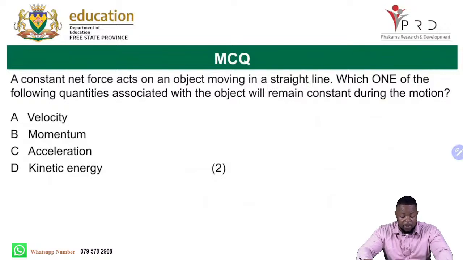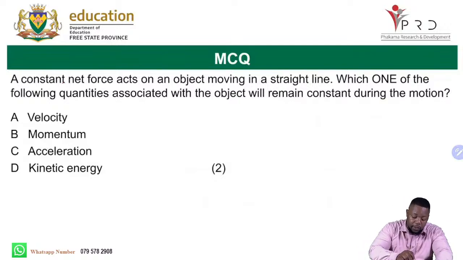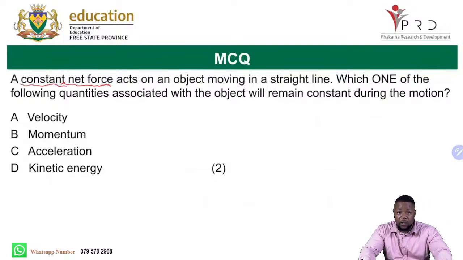A constant net force acts on an object moving in a straight line. So we see here that we are looking at the constant net force. There is a net force that we need to look at, and this net force we are told is constant. Which one of the following quantities associated with the object will remain constant?